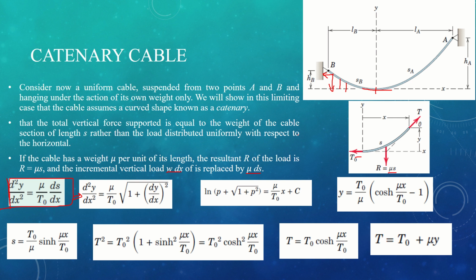You can say this displacement S is a combination of a change in dx along this length and a change in dy to form this arc length S, assuming that our S is very small. So based on this information, we can simply apply the Pythagorean theorem, that is ds square is equal to dx square plus dy square. Now you take this arrangement and put it in the initial equation right here, and you will get this equation.